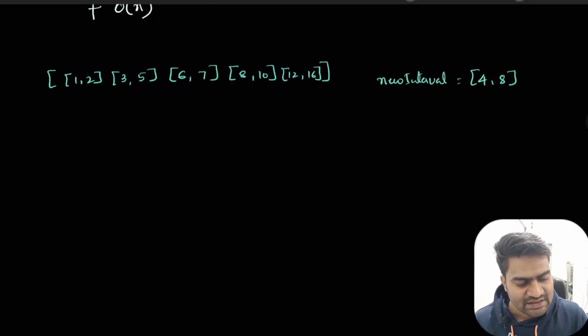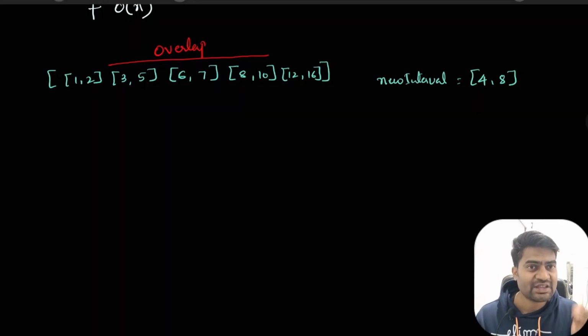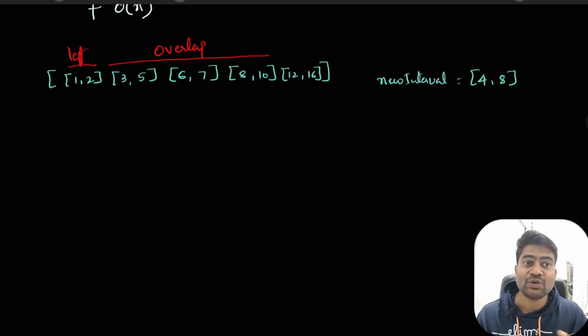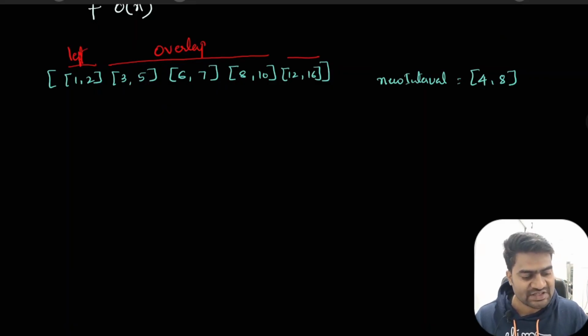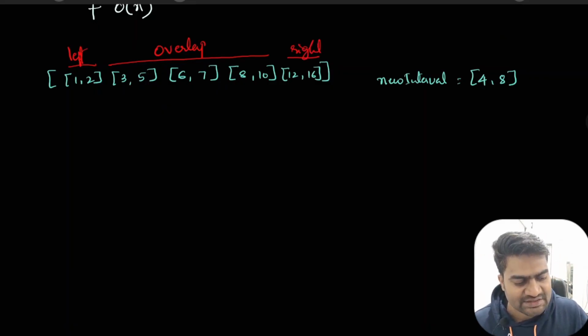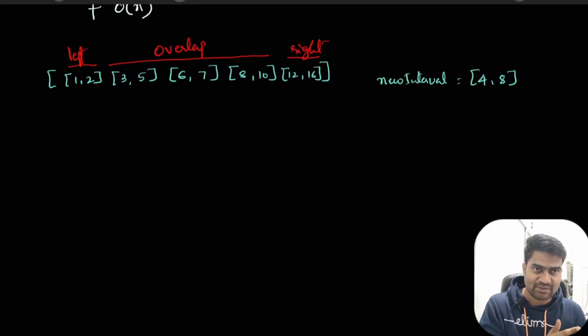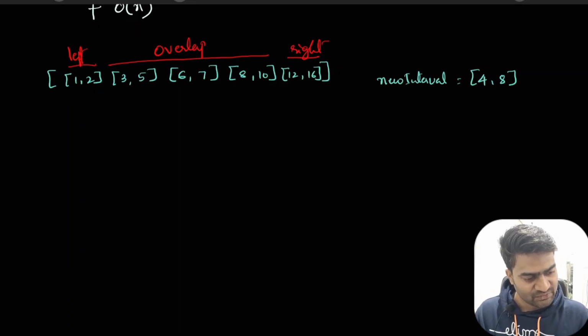This much is our overlap. Then there is something towards the left, which is this part, the left-side non-overlapping part. And there is something on the right side, which is again a non-overlapping part. So if we process the entire intervals array in a single iteration, first we process the left part, then the middle part, then the right-side part.